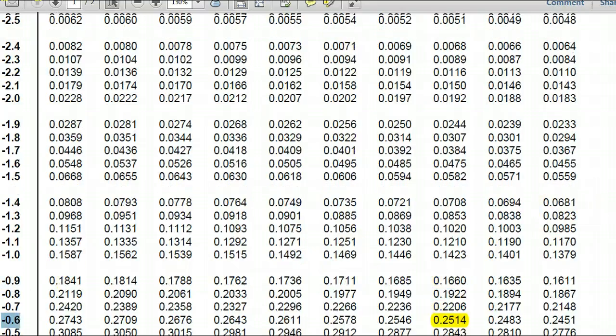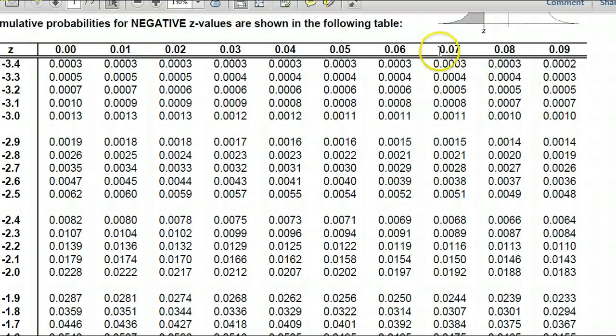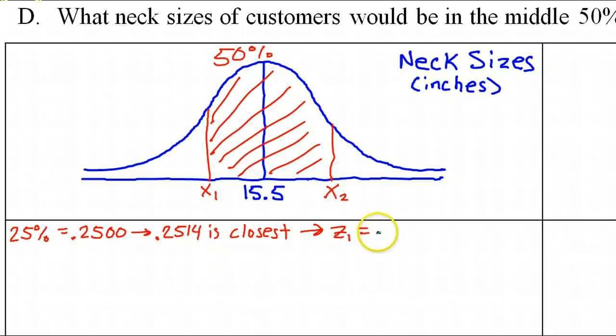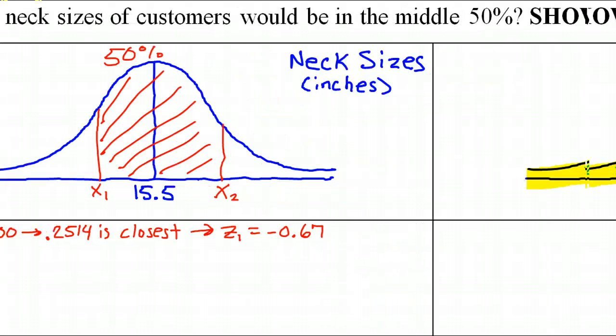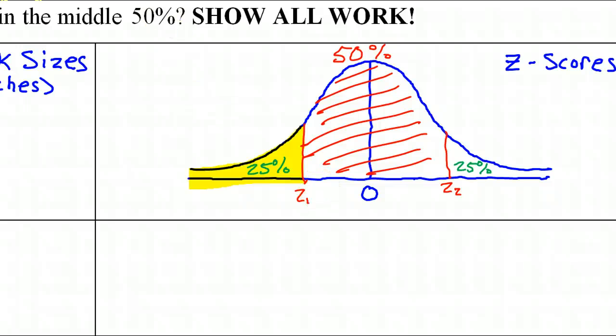Negative 0.6 what? Negative 0.67. So that must be Z1. Let's go ahead and write that down. So Z1 was negative 0.67.